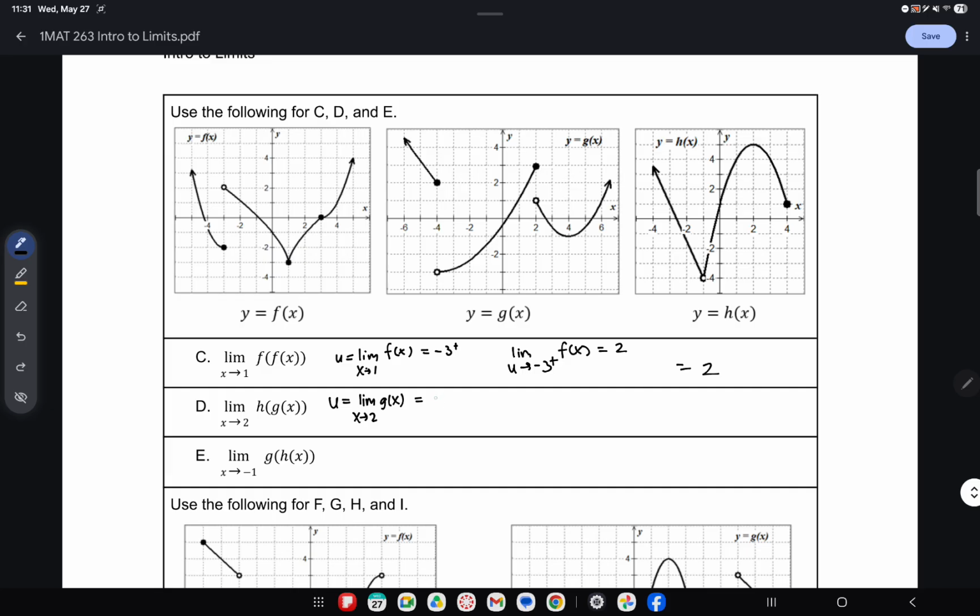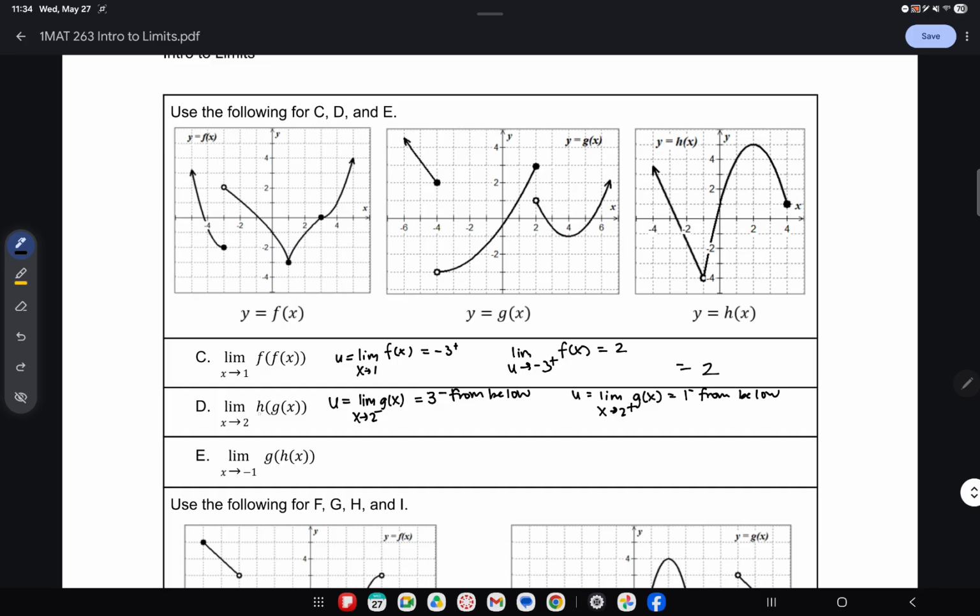We'll do from the left first. So from the left, it's at 3, and it's approaching it from below. And then we can let u be the limit as x approaches 2 from the right for g of x, and that's going to be 1. Actually, it's also from below. As it's coming from below, we're going to want to use the left side.